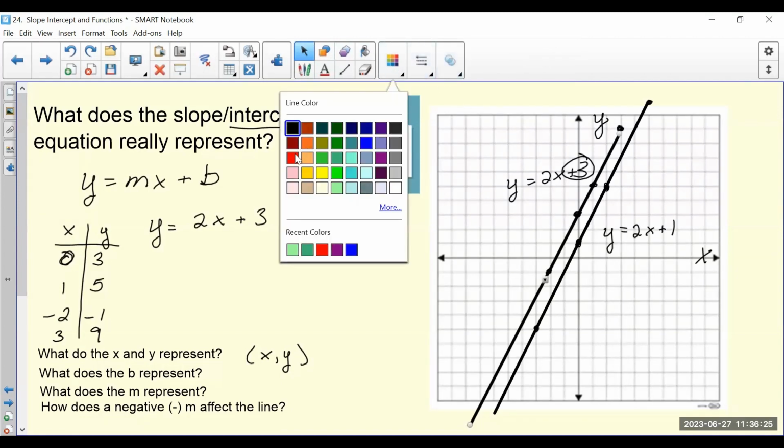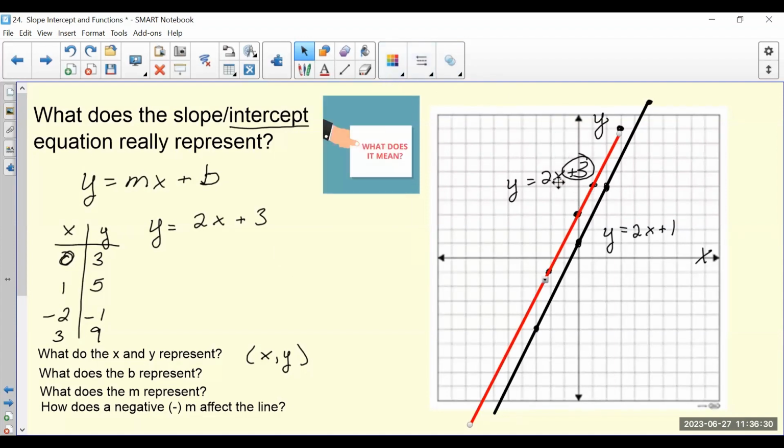All right, this one with the plus 3 is going through the y-axis at 3. This equation, which was y equals 2x plus 1, is going through the y-axis at plus 1.